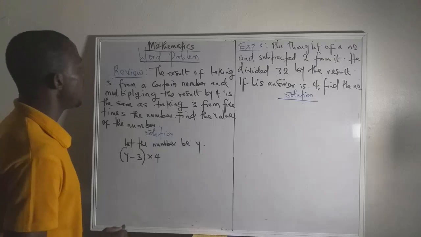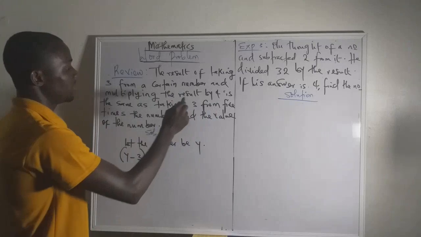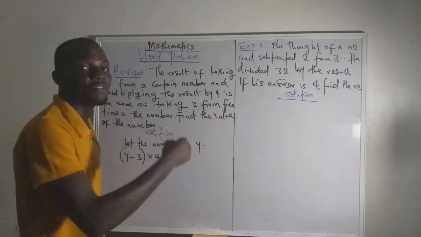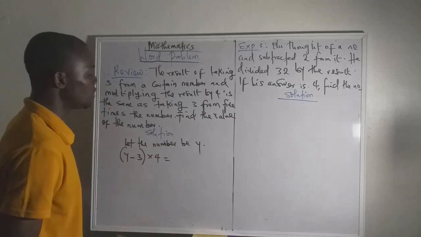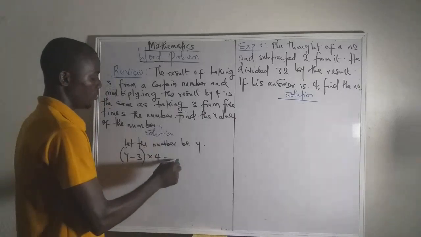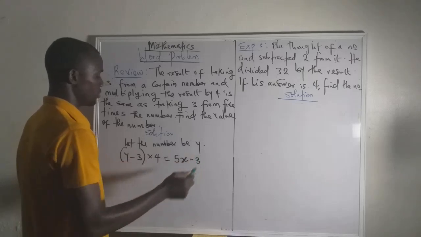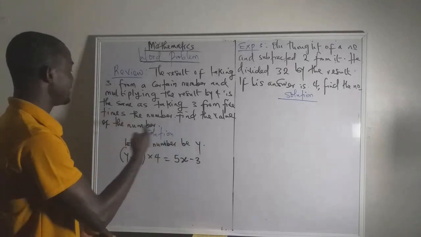And it further says when we do that, it is the same as taking 3 from 5 times the number.